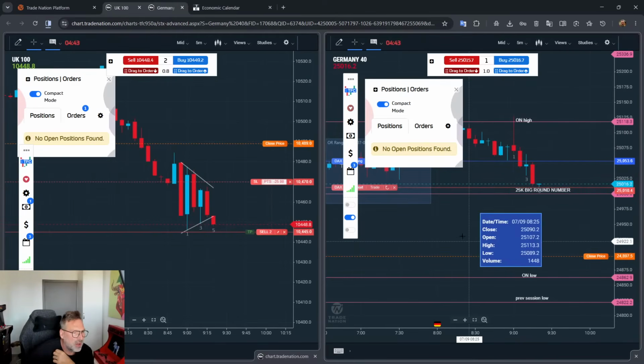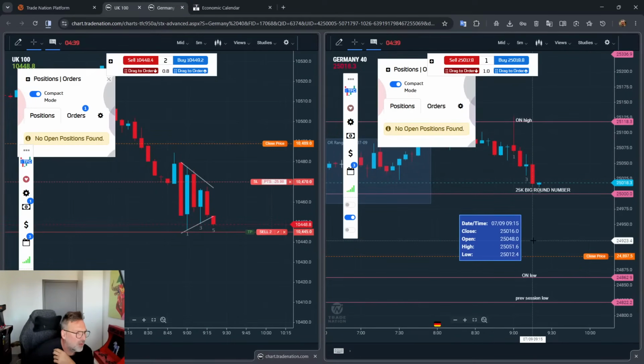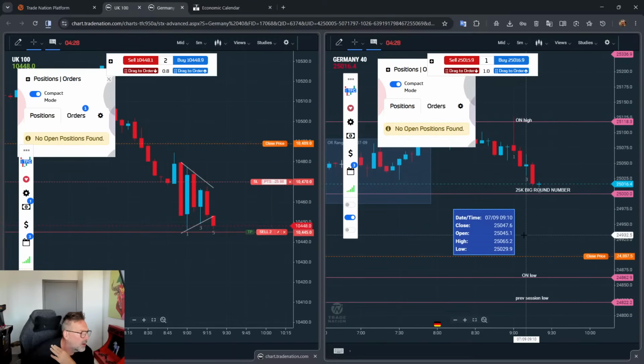So now it's interesting if, I'm going to delete those lines here. If the bulls can hold the market above 25,000, see if we get a close below that. That would be very interesting to see.